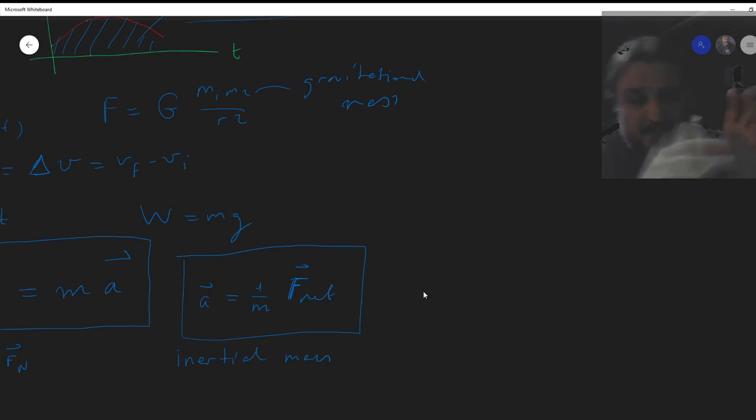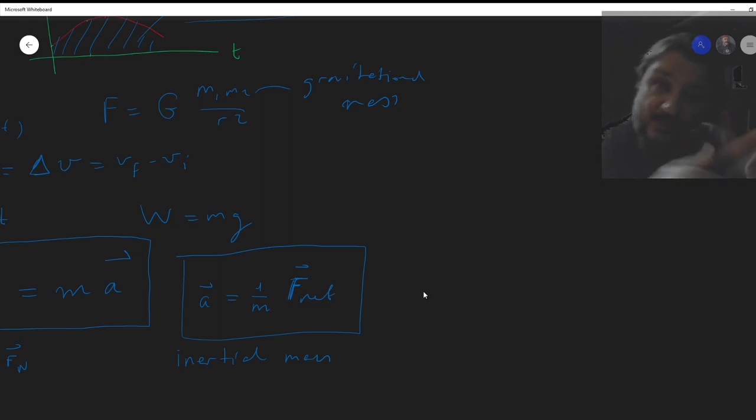And many problems can be solved using this simple law. You just have to draw a free body diagram, show all the forces acting on the object, and then based on that free body diagram, write down your F equals ma.